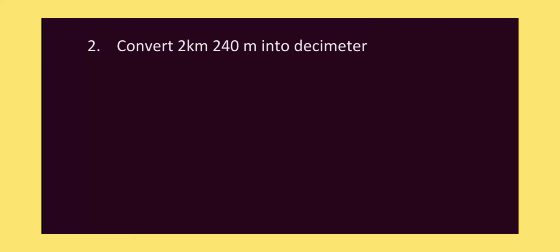Here, in the second question, you have to convert 2 kilometers and 240 meters into decimeters. A bit complicated question. First of all, you have been asked to convert kilometer to decimeter.